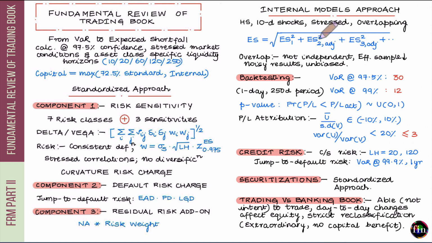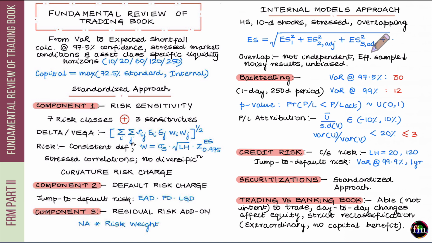Once I have ES2, I'll be adjusting this ES2 number using the square root of time rule to make sure that all risk factors which are in category 2 in effect do use a 20-day liquidity horizon. Okay, and I keep proceeding like this. This is the formula to calculate the expected shortfall.